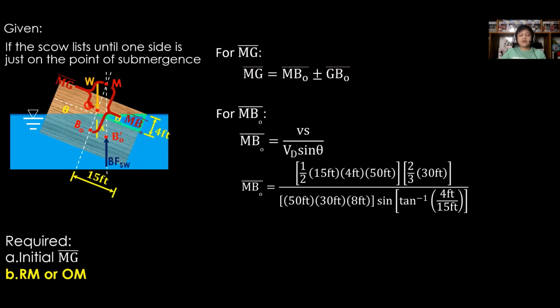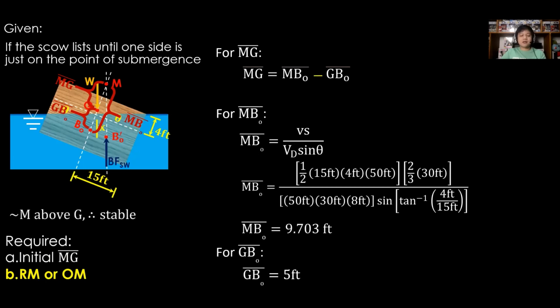Thus, for theta, use the arctan or the inverse tangent of the opposite, which is 4 feet, over the adjacent side, that is 15 feet. Therefore, MBO bar is equal to 9.703 feet. And for GBO bar, same as the initial case, it is equal to 5 feet.